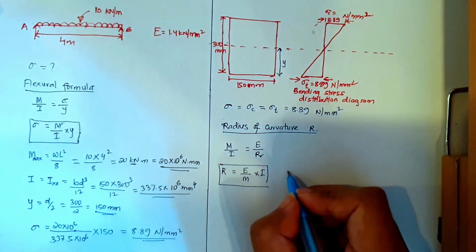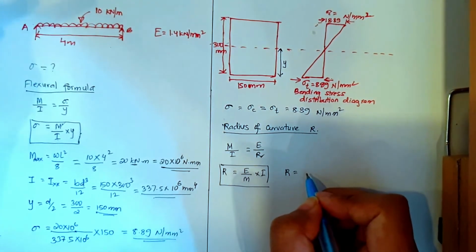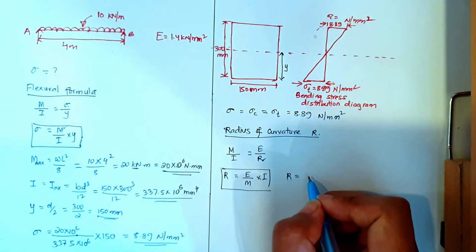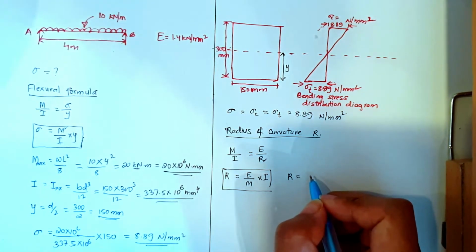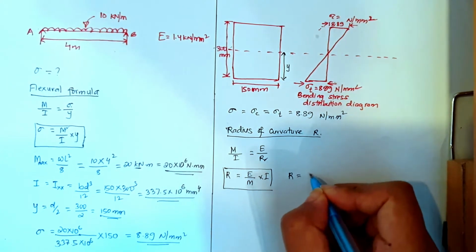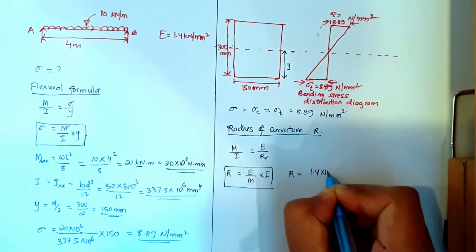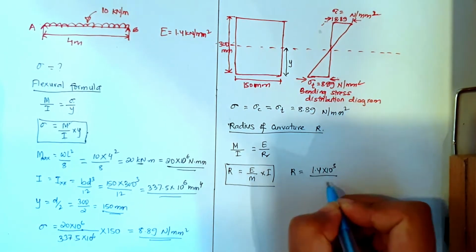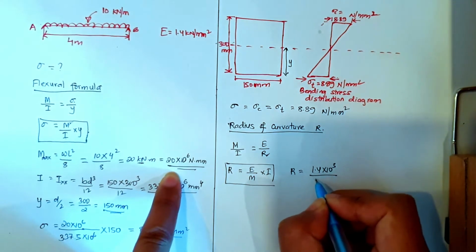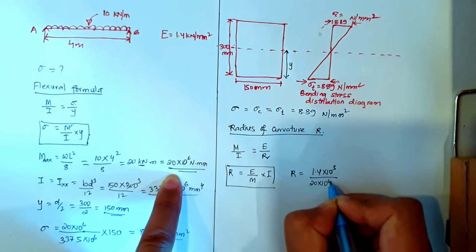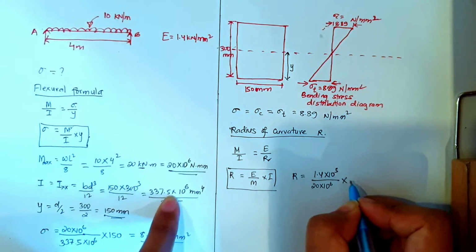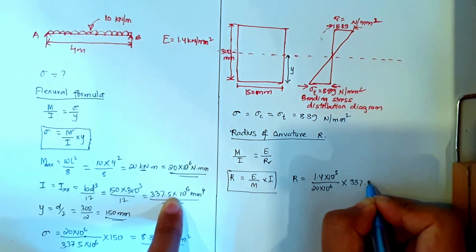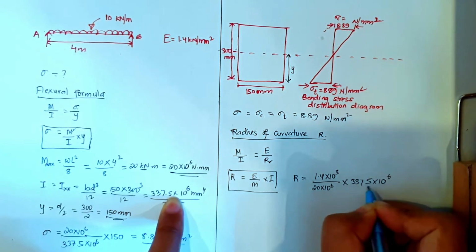formula here. Now from here, R is equal to, how much is E given? E is given 1.4 kilonewton per mm square, right? So this E, which is given in kilonewton, we will convert to Newton, so how much will it be? 1.4 into 10⁻³. Now this becomes Newton per mm square, divided by the moment we found, equal to 20 into 10⁻⁶, into I is equal to 337.5 into 10⁻⁶, right?